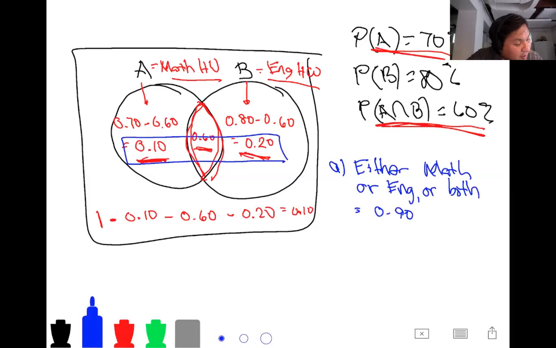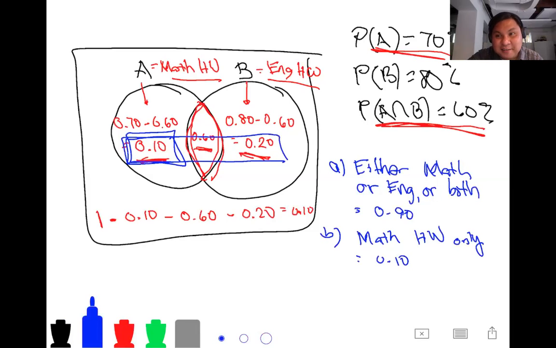The second one is the probability that he does only math. For math homework only, this is just this particular part, which is 10%. And then finally, he does neither homework.